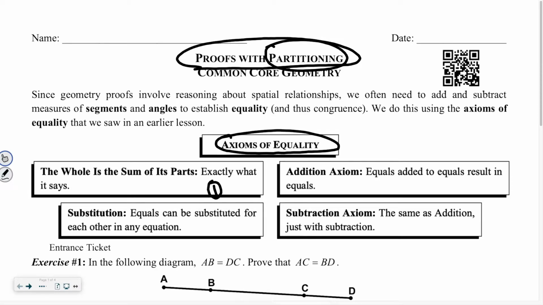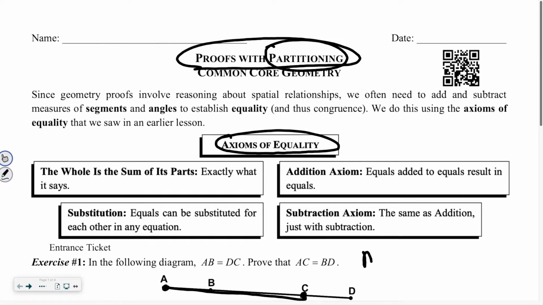The whole is the sum of its parts. And that is exactly what it means. There's nothing else to that. If I have a whole, I can represent it as different parts. For example, if I have this segment down here, AC, I can represent it as the sum of its parts.